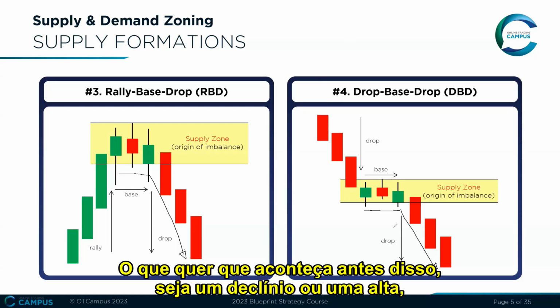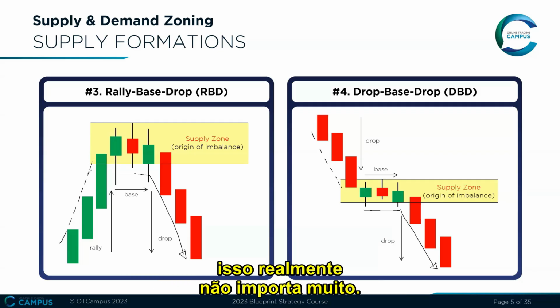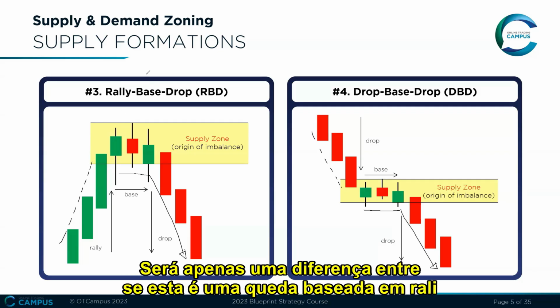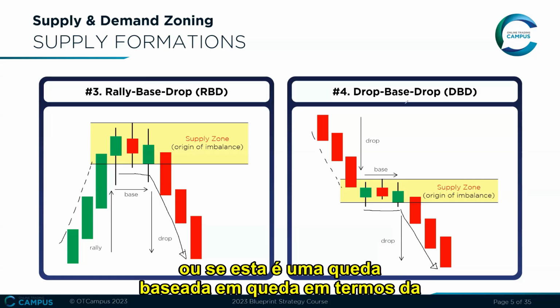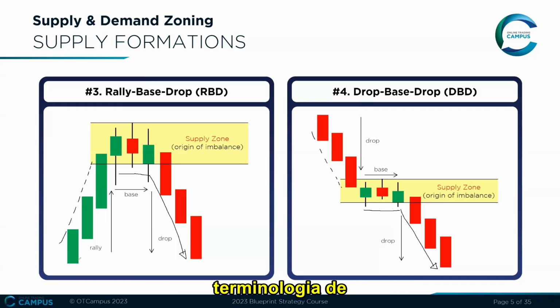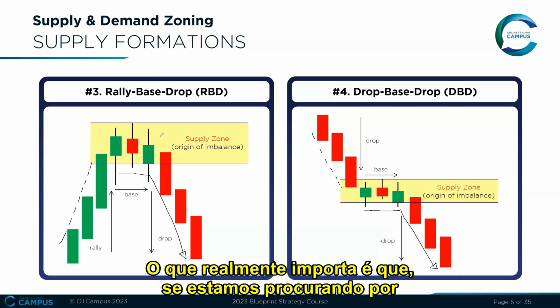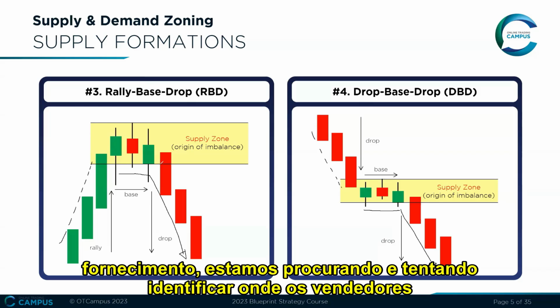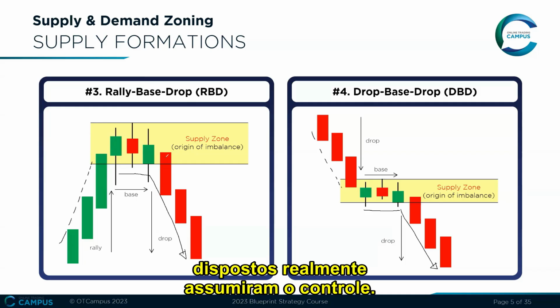Whatever happens before that, either a decline or a rally, that really doesn't matter too much. It's just going to be a difference between, is this a rally-based drop or is this a drop-based drop? In terms of the trading terminology, what really matters is that if we're looking for supply, we're trying to identify where the willing sellers really took over.